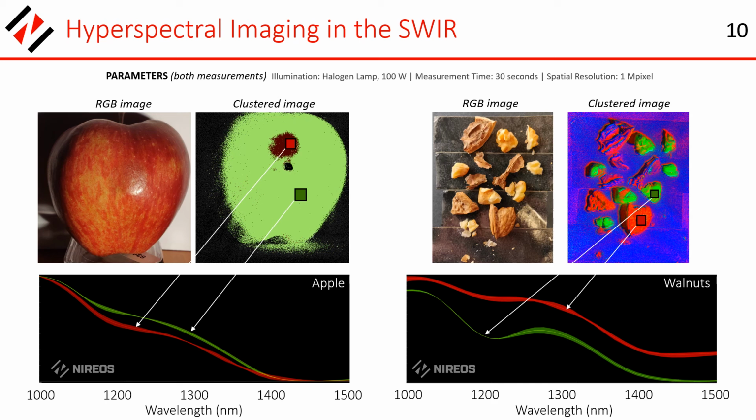In the first case, we were able to distinguish the bruised part from the healthy part of the apple, while in the second case, we were able to distinguish between different components of the walnut, namely the kernel from the shell. And on the bottom part, you can see the relative reflectance spectra in the infrared region.